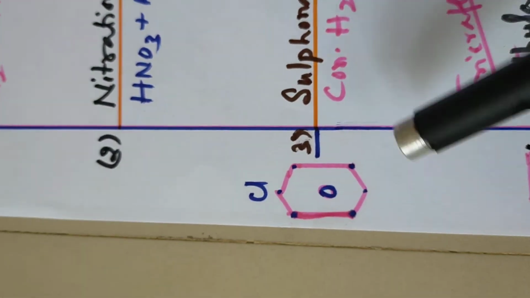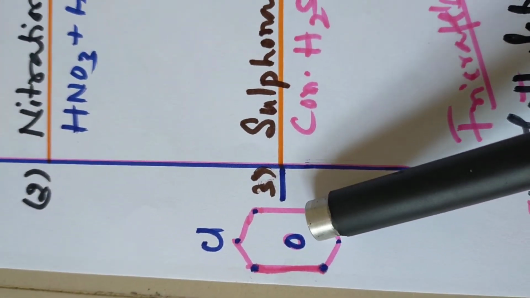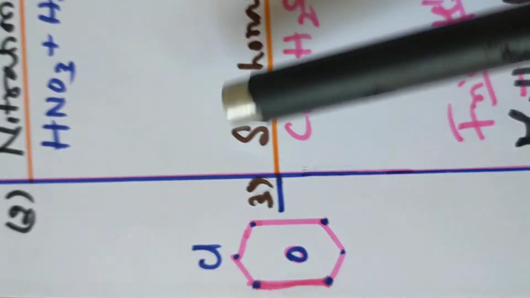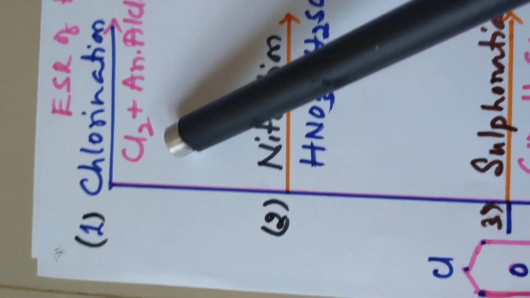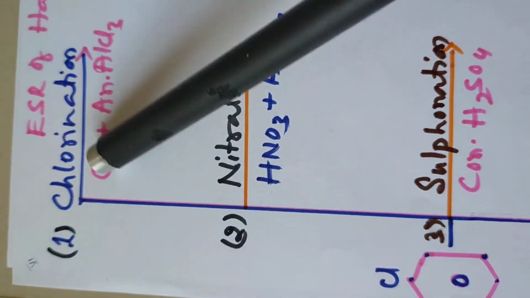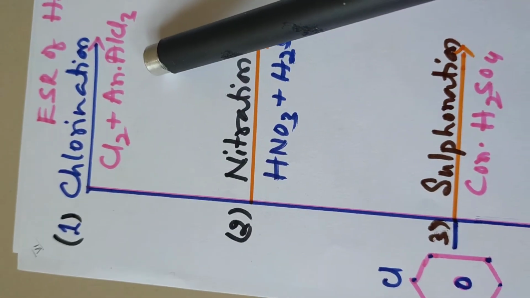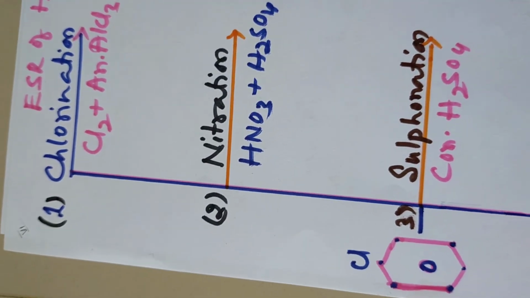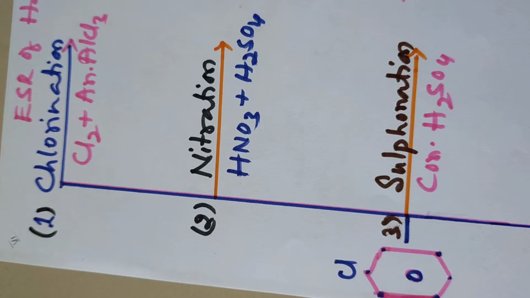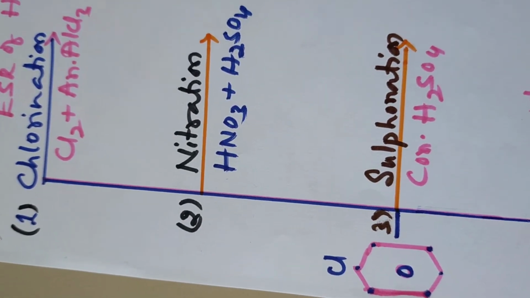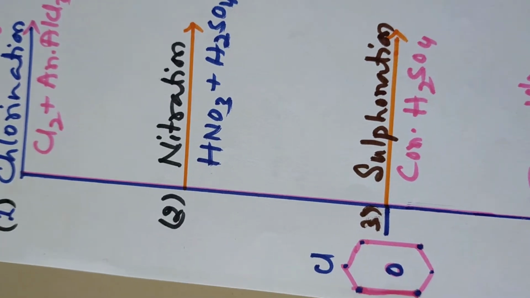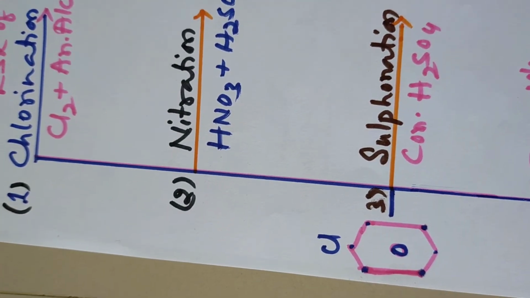This is how haloarenes are treated in different ESR reactions. Chlorobenzene with chlorine in presence of anhydrous aluminum chloride forms ortho and para derivatives: ortho dichlorobenzene and para dichlorobenzene.